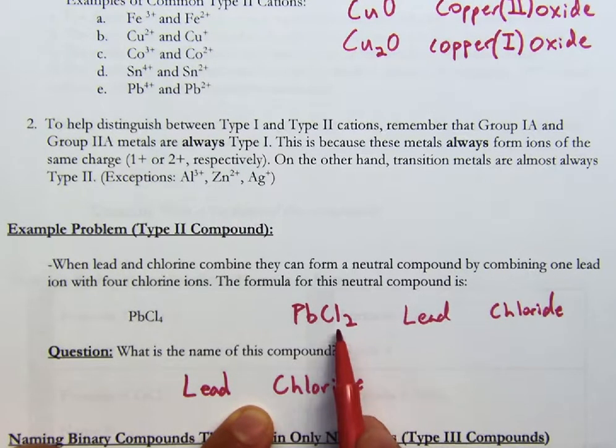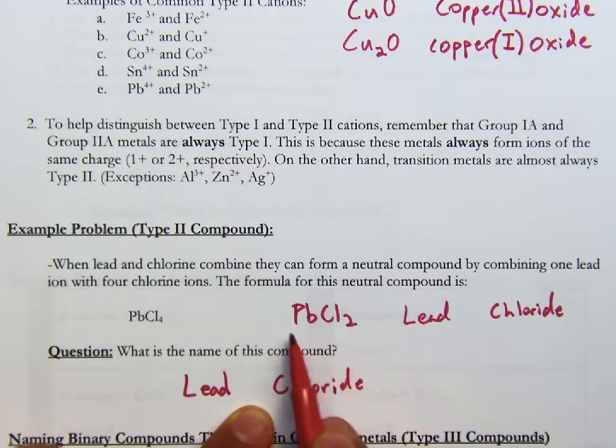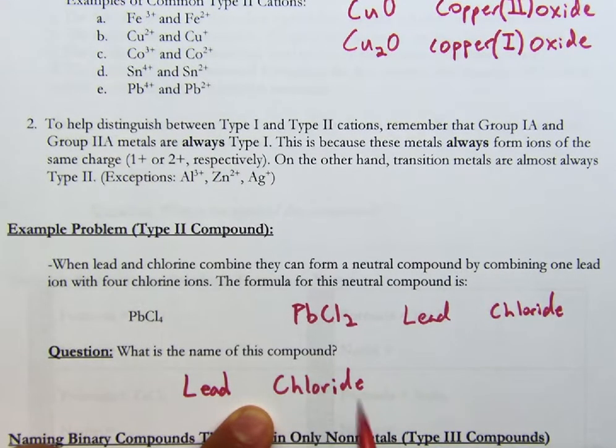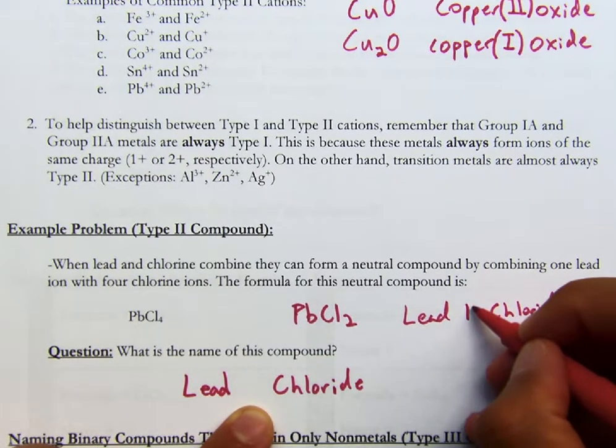If chlorine has a charge of -1 and there are 2 of them, right, this is a neutral compound. You can see there's no charge written anywhere. It doesn't say +1 or -1. There's no charge, so that means it's neutral. If this is a neutral compound and there are 2 chlorines, each chlorine has a -1 charge. So this is a -2. Pb has to be +2.